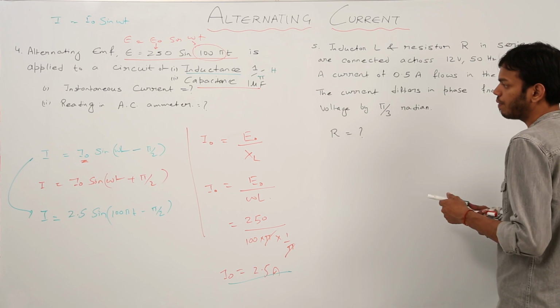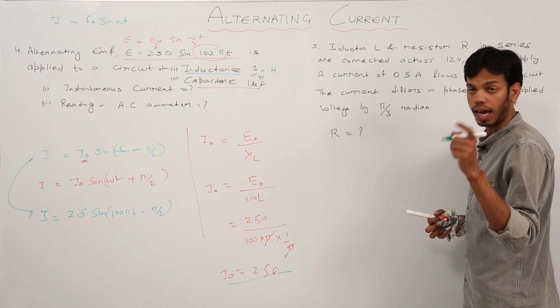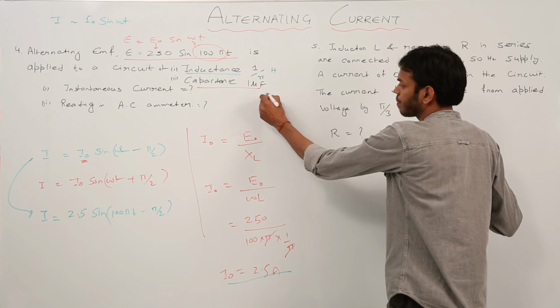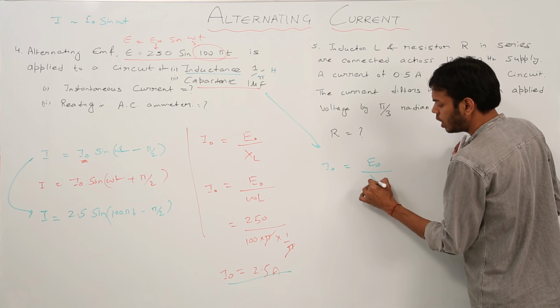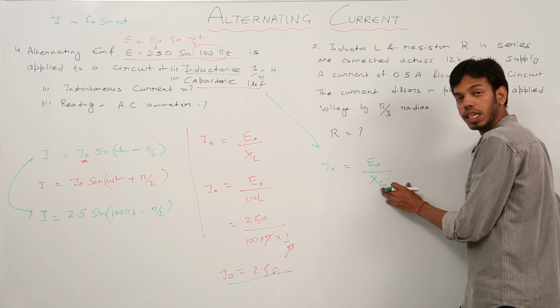What was the capacitive value for this circuit, for this equation? I need to find the value of I naught. Again, I naught will be, in case of a capacitive circuit, E naught upon the resistance offered by the capacitive circuit. Capacitive reactance is XC.